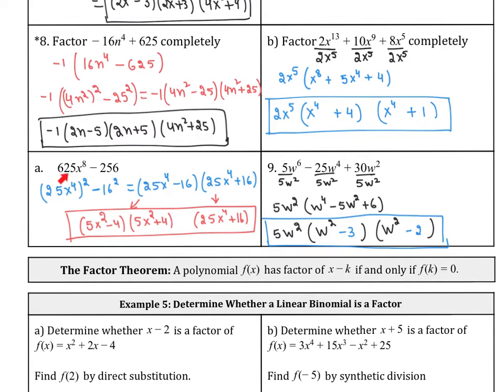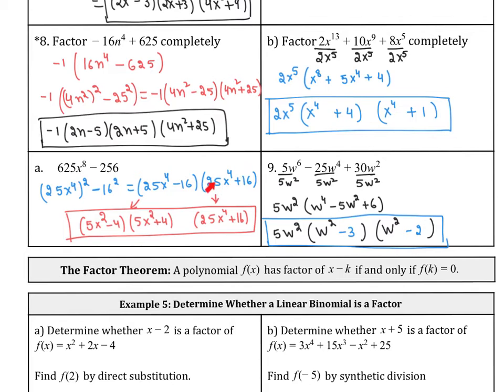So we can write this expression as (25x^4) to the power 2, and 256 is 16 squared. Here I'm going to apply a squared minus b squared, where a is 25x squared and b is 16.